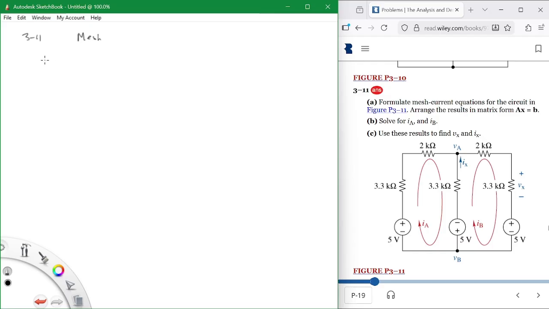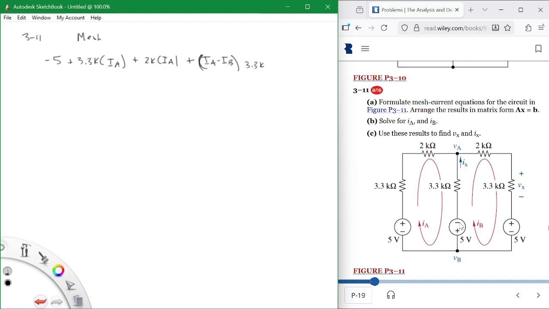So we write minus 5 plus 3.3K times IA plus 2K times IA plus, now over here it's IA minus IB, so it is IA minus IB times 3.3K.